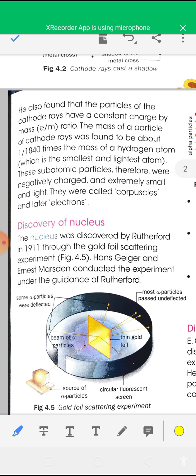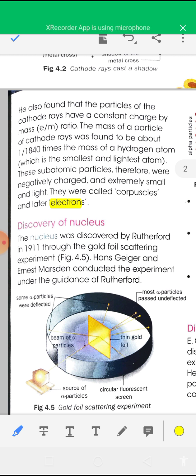These subatomic particles were therefore negatively charged and extremely small and light, and they were called corpuscles and later electrons. So the electron was discovered by J.J. Thompson, and the name of the experiment was the cathode ray discharge tube experiment.